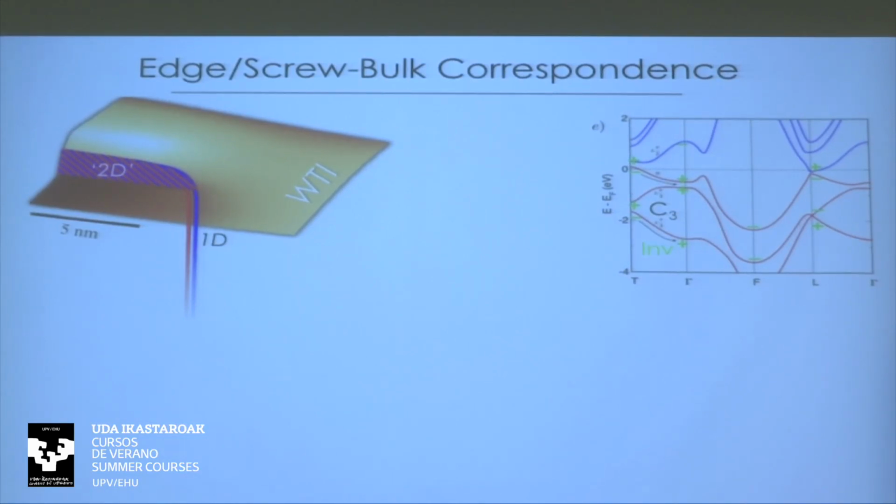An alternative view is, again, a weak topological insulator is a stack of two-dimensional topological insulators. So you can think of this miniature two-dimensional side facet as the one-dimensional helical mode that runs around this bilayer, this 2D topological insulator, and then just, let me draw this.